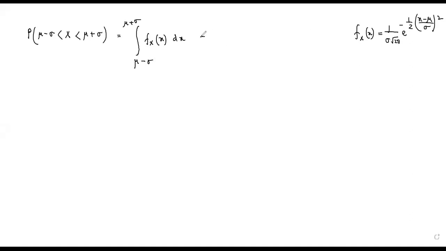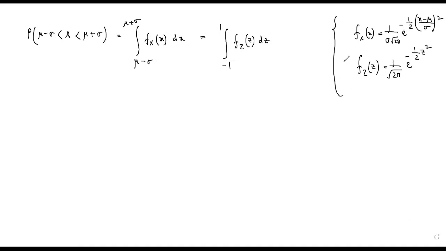Or if you want to look at it in terms of the standard normal variable, this is nothing but the integration from minus 1 to plus 1 of f(z) dz, where f(z) is 1 upon root over 2 pi e to the power minus half z square.